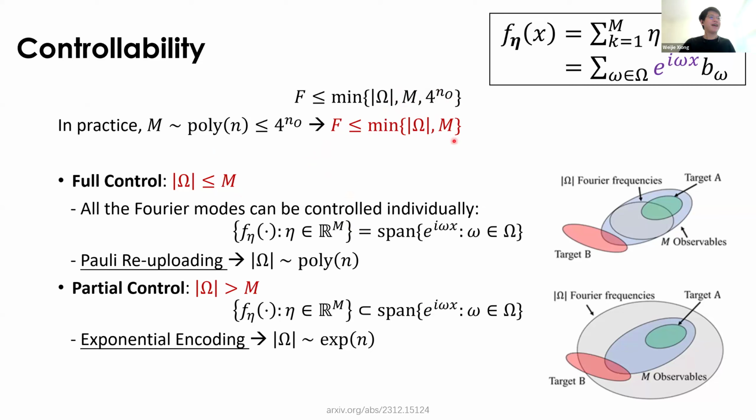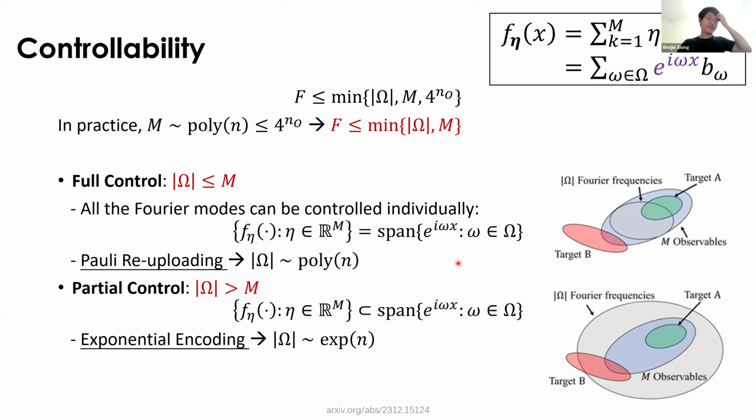By comparing M and the cardinality of omega, we distinguish two regimes. If you have more observables than the number of frequencies, then you can fully control all the single Fourier modes. And we call this regime the full control regime. The Pauli uploading, which provides you polynomially many frequencies, belongs to this regime.